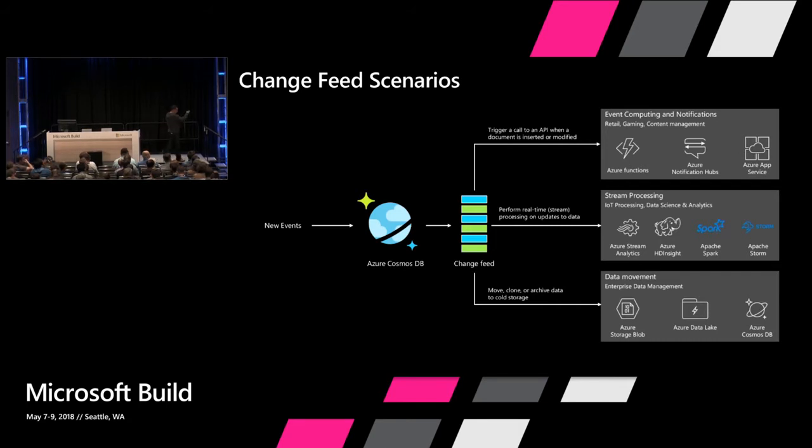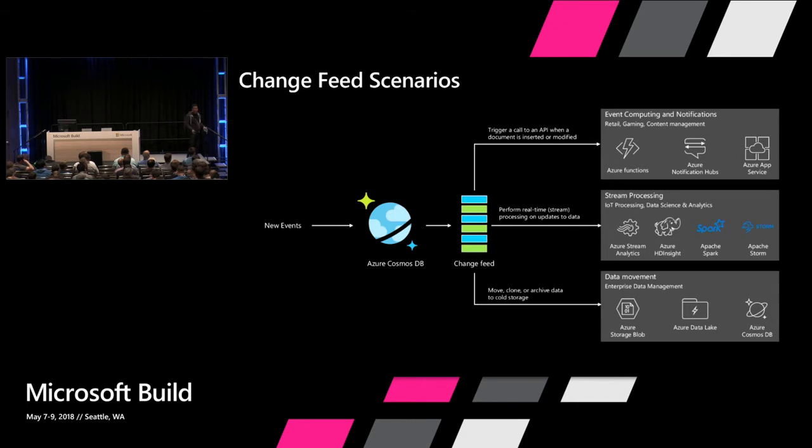Number two is you can do some real-time analytics using Spark, Hadoop, and all that. Today in Cosmos DB, we don't have aggregation, like group by, because it is a distributed database, and doing a group by across 1,000 partitions and billions of rows can be very, very expensive.